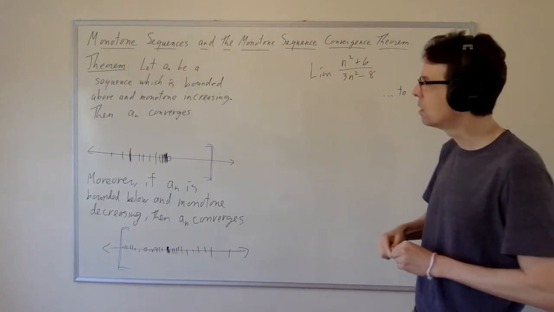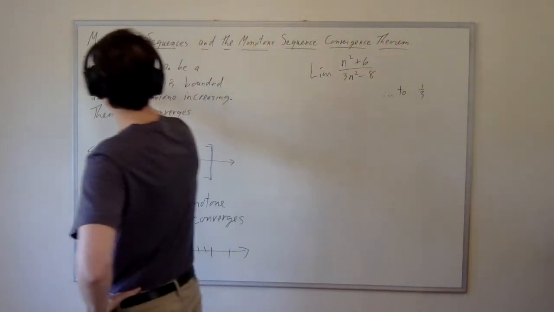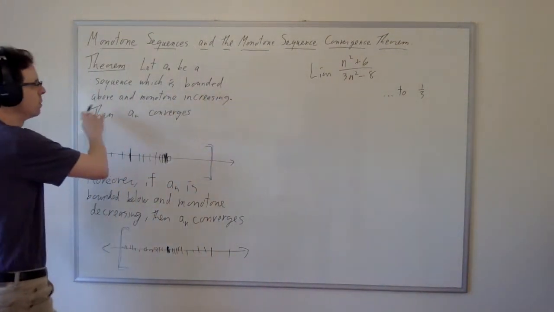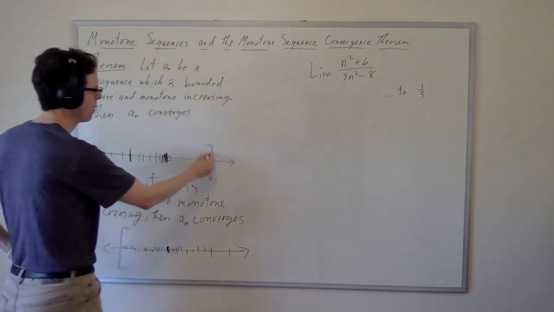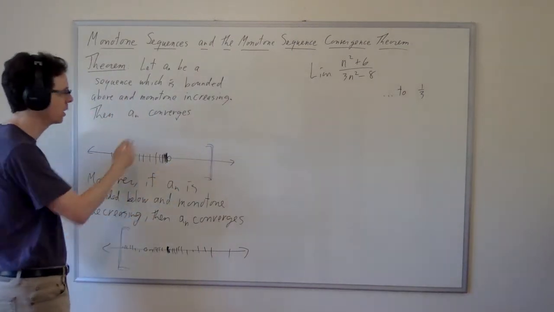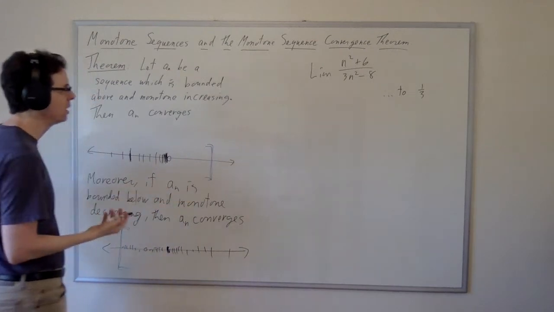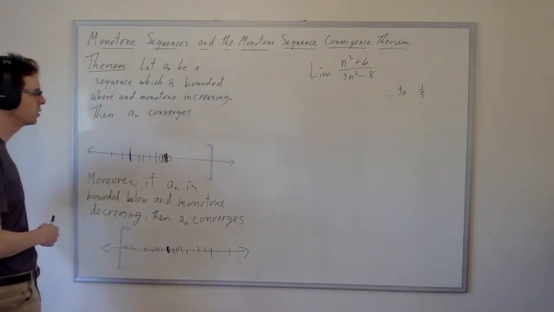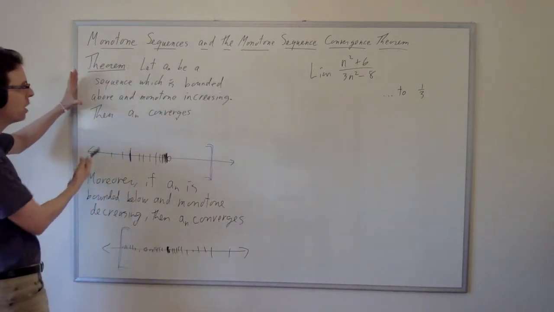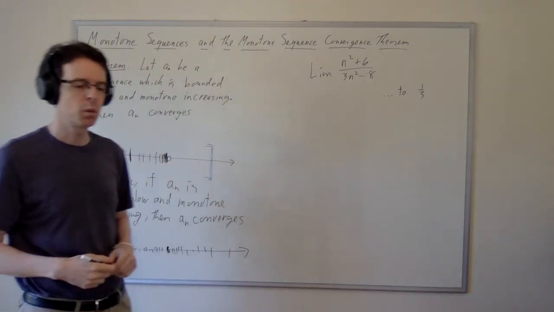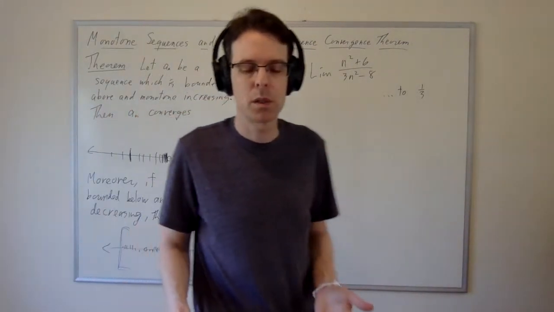Well, in this theorem, we're assuming that an is a sequence. We're assuming that it's bounded above by an upper bound, but that upper bound is not necessarily going to be the limit. And we assume that the thing is monotone increasing. Nothing about the hypothesis gives us a value which is going to be the limit.